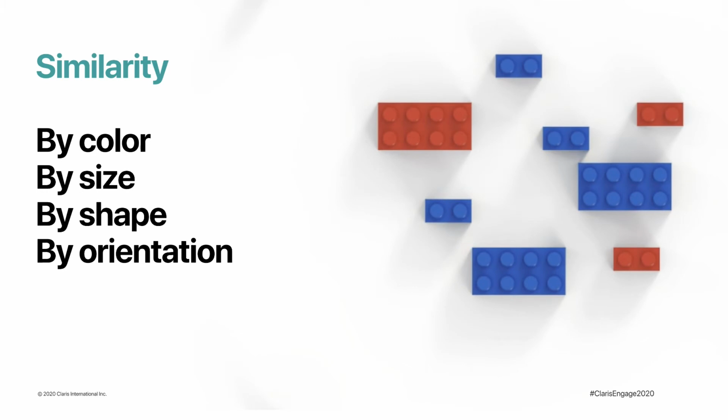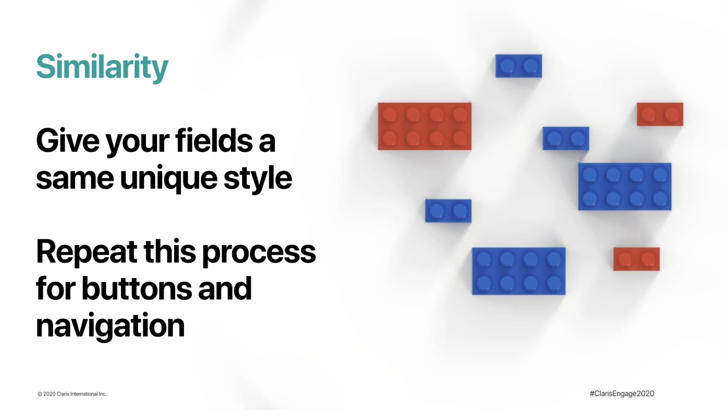Therefore, the rule of similarity also involves creating differences by playing with colors, shapes, or sizes. At the end of this process, the user must be able to visually identify your fields, your labels, your buttons, and all the other elements in your layout.